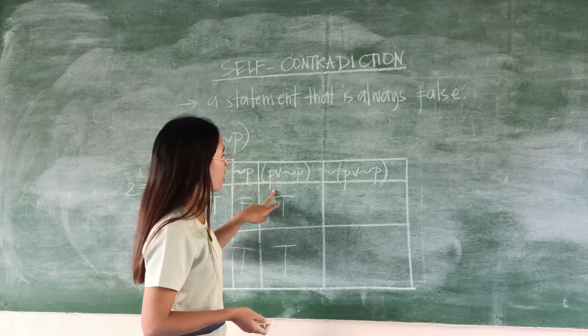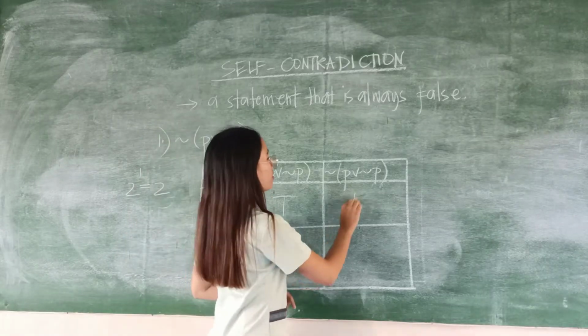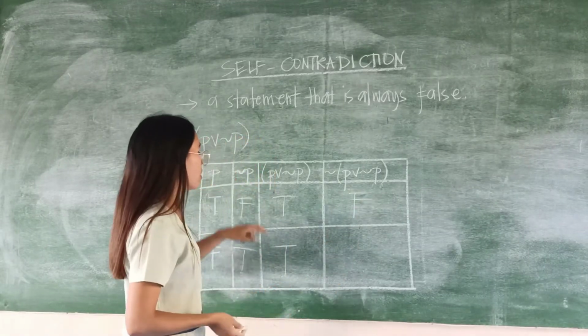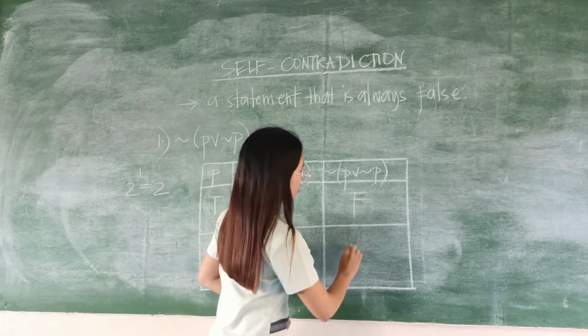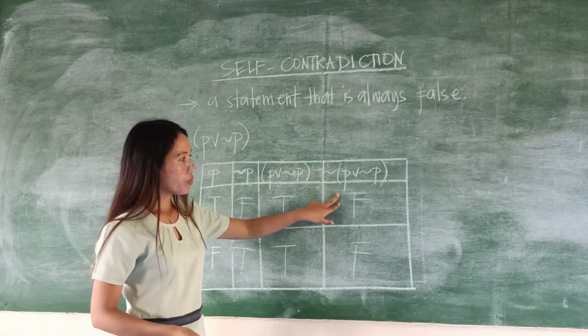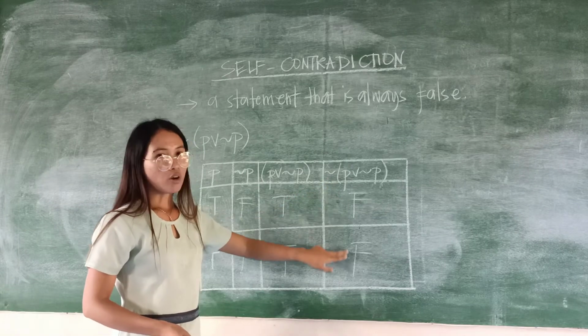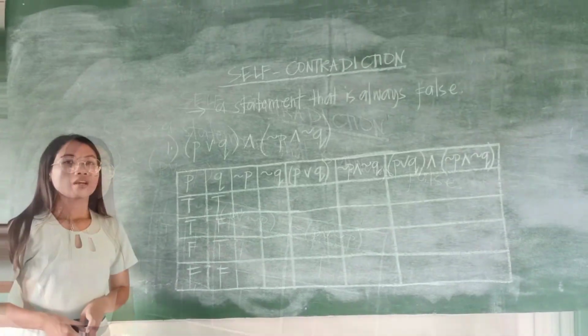So P or negation P is true, then its negation will be false. Then for true, its negation is also false. So the values for negation of P or negation P are all false, then this example is a self-contradiction.